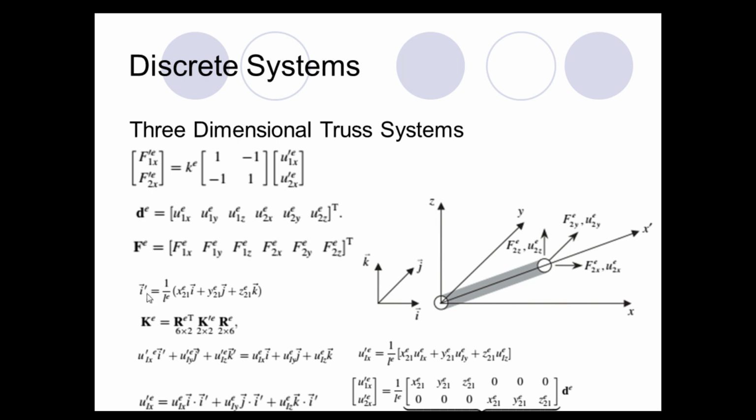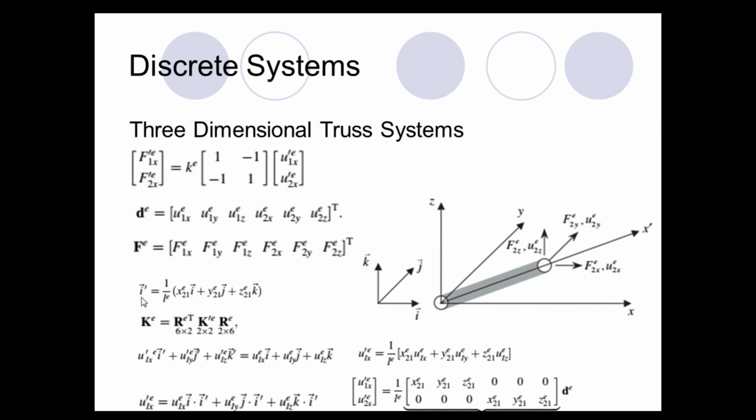So we put u1x, u1y, u1z for the first three members of the vector, and then u2x, u2y, and u2z. So we group the nodal values due to the nodal displacements in each direction for the first node in the first three elements. Then we do the same thing for the second node, and we do the same thing for the force vector.